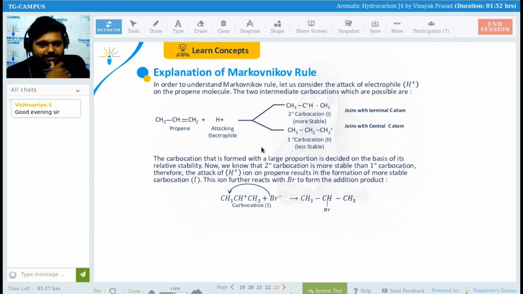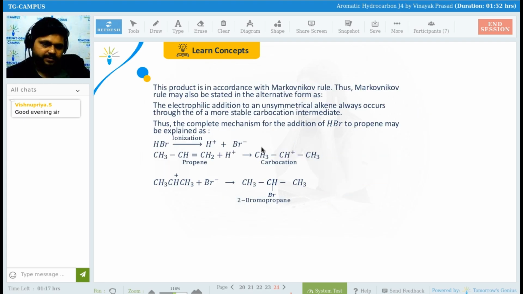Now, the explanation of this Markovnikov rule is about the carbocation that I have told you, right? So 2 degree carbocation is more stable than 1 degree carbocation. Clear, everyone? Any doubt? So we have seen these things. Now, the product is in accordance with the Markovnikov rule.